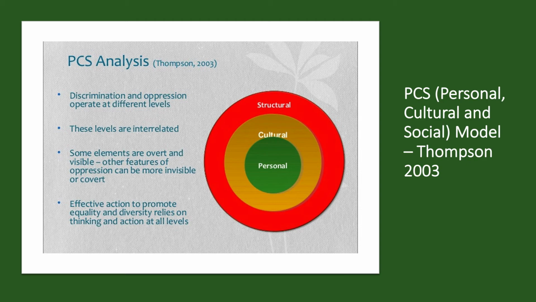So from a structural point of view, that is putting that discrimination and oppression on women. That's then embedded into the culture of the society, and then that also is embedded into the personal beliefs of people because it's what they see going on around them, therefore it becomes a personal belief. So that is the personal, cultural and social model.